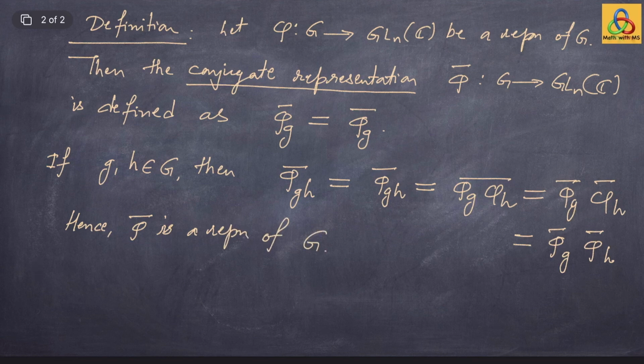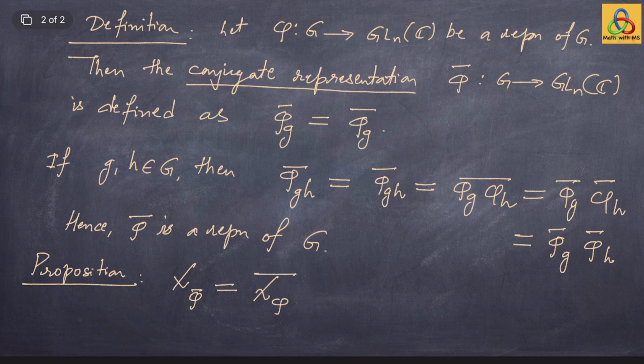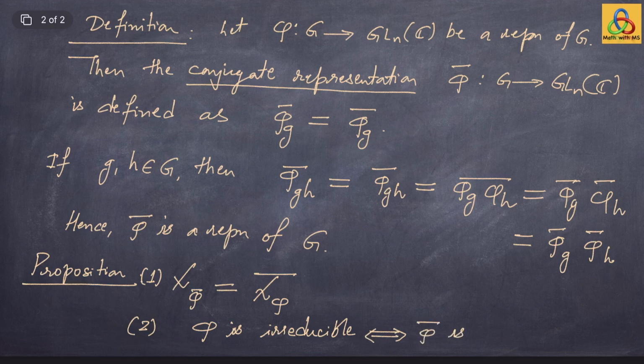Let us make some observations about this conjugate representation. Proposition: the character of phi bar is the same as the character of phi with its complex conjugate taken. Phi is irreducible if and only if phi bar is irreducible.